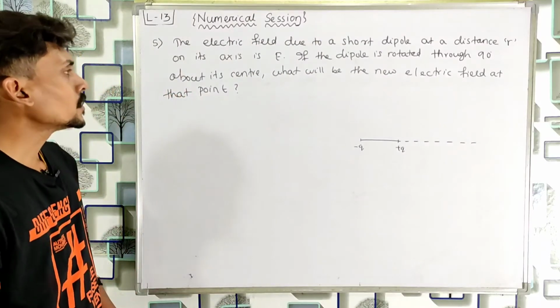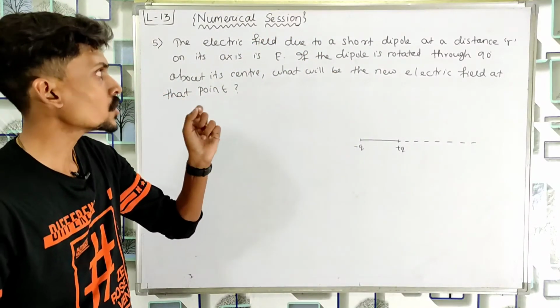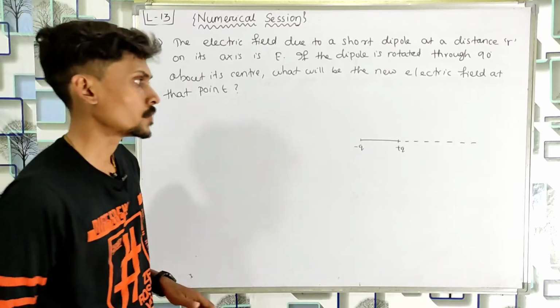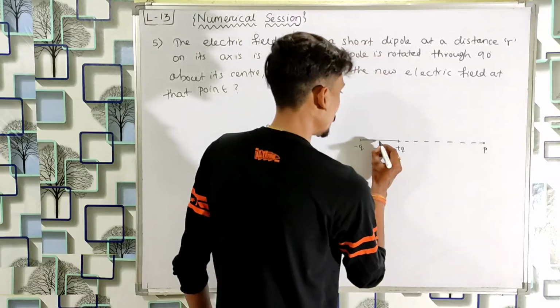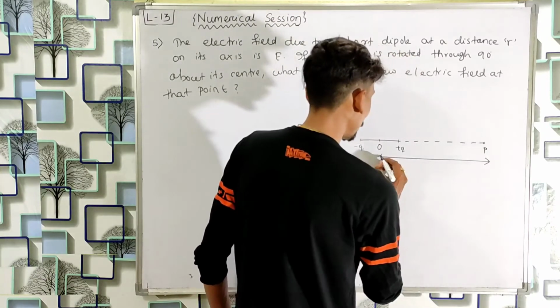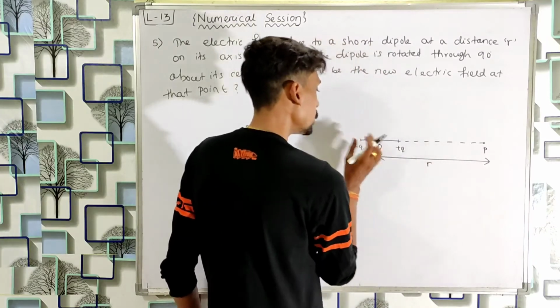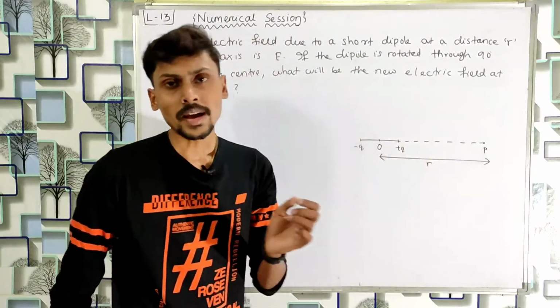It is given that the electric field due to a short dipole at a distance r on its axis. Suppose I'll choose a point P here, and this is the center of the dipole O, and the distance of the point P from the point O is r. So this point P is the axial point.